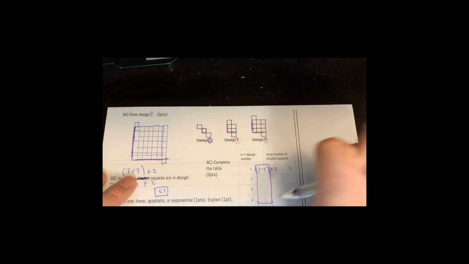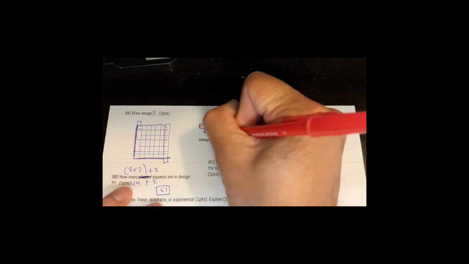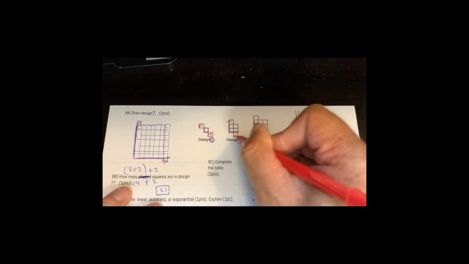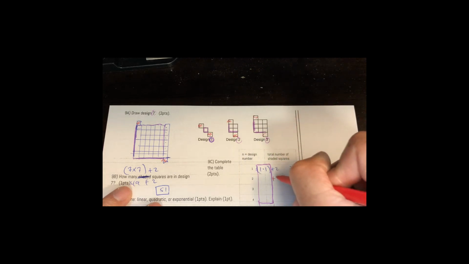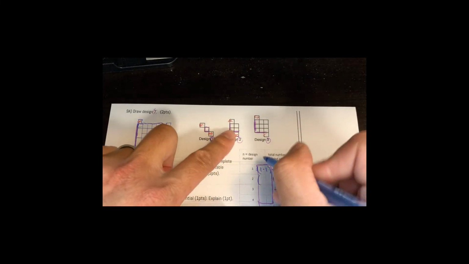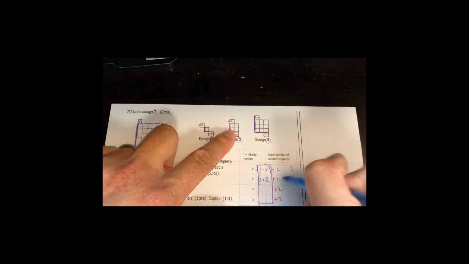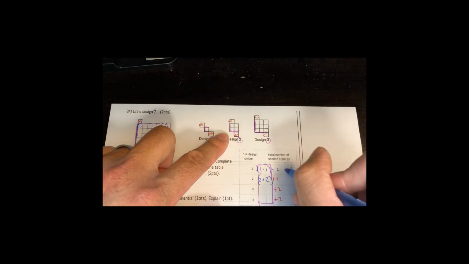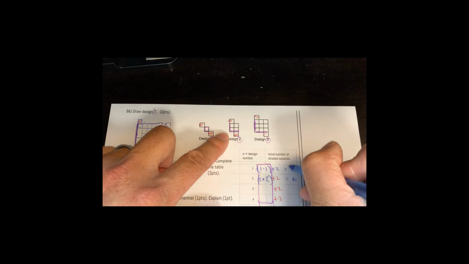And then this red part, the plus 2, is on all of them. Plus 2, plus 2, plus 2, doesn't matter what design you do, plus 2. So this will be a 2 by 2 plus 2, so that would be 4 plus 2 is 6. So this is our answers.